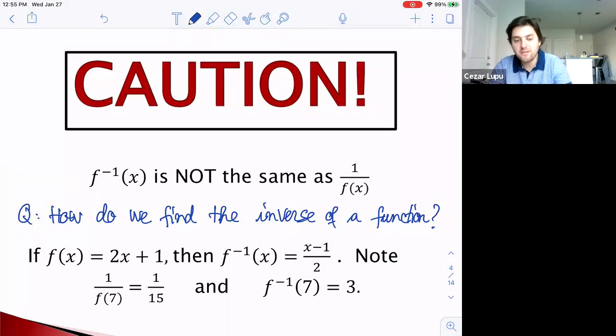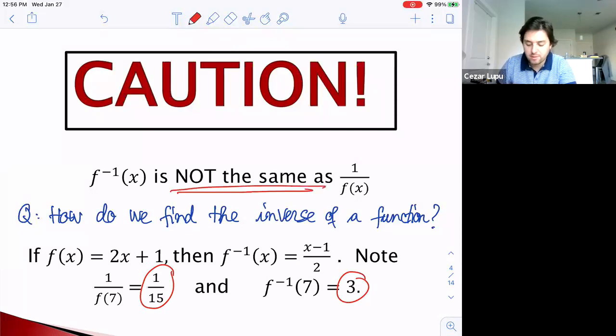But f inverse of 7, if you plug it in, you have 7 minus 1, everything over 2, that's 6 over 2, that's 3. If you look at these numbers, they're not the same. So that's one more reason to think that f inverse is not the same as 1 over f.